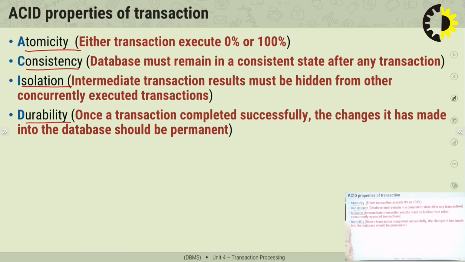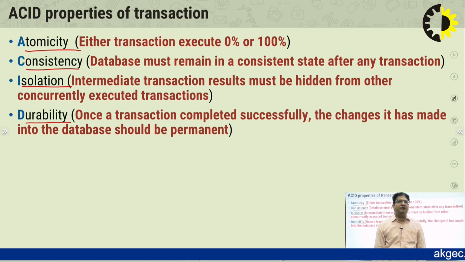What is atomicity? Atomicity means either the transaction executes completely or it does not execute at all. We don't want partial execution, where some of the operations are successful and others are not. Either the task should be 0% or 100%. Partial execution also means failure. So it is either 0 or 1 in terms of digital.